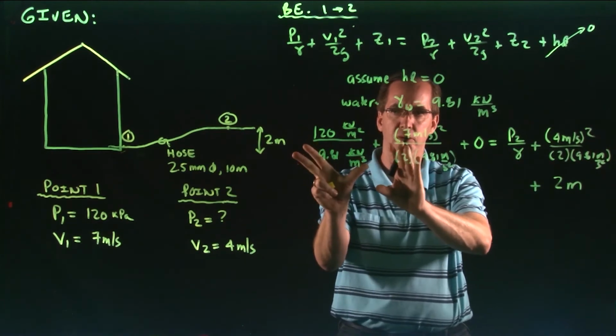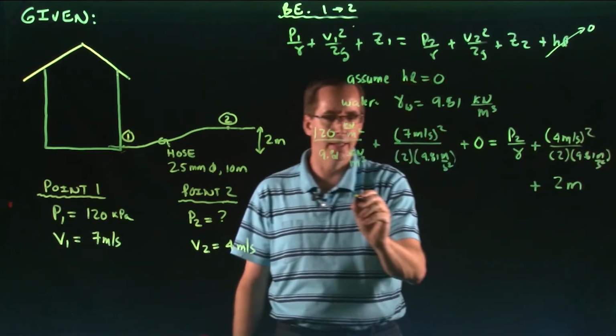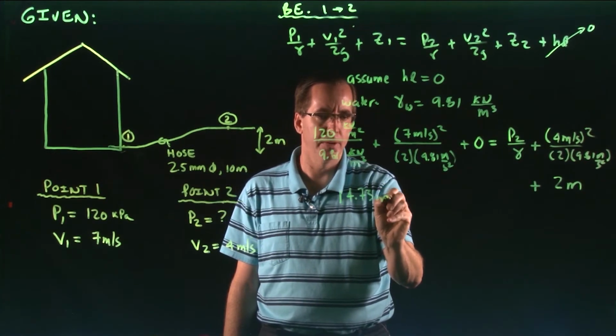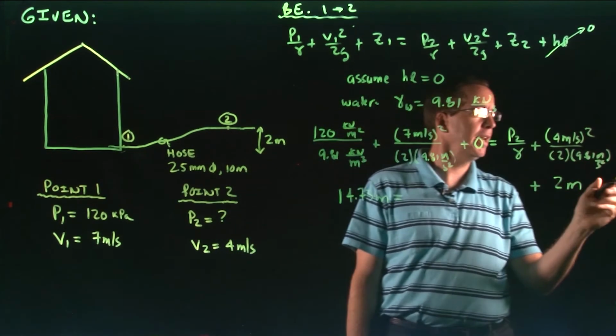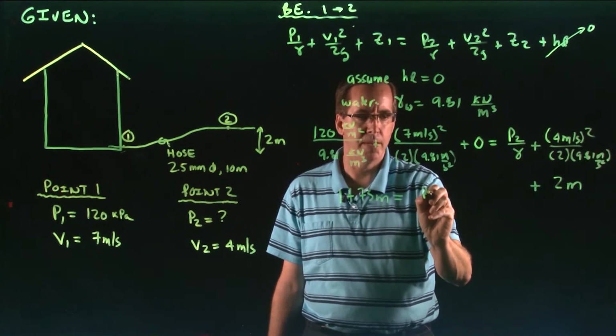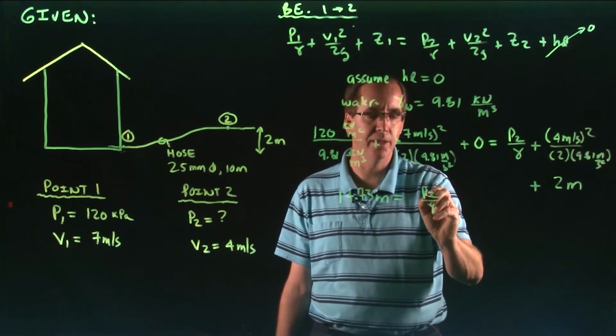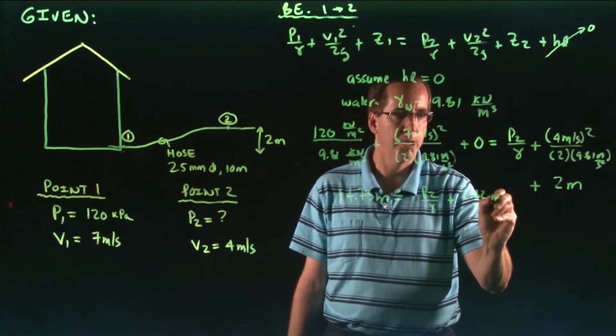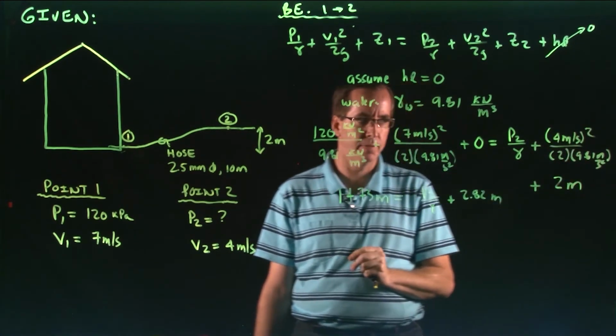So after I go through, I'm just plugging and chugging. After I substitute all these terms in and I calculate it, on the left-hand side, I get 14.73 meters. And then on the right-hand side, I get, of course, the P2 over gamma plus the 2.82 meters, which is what all this represents.